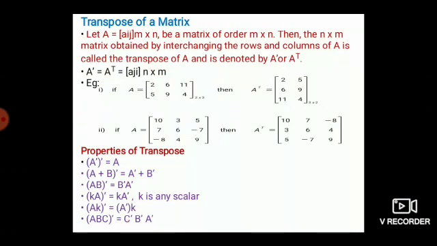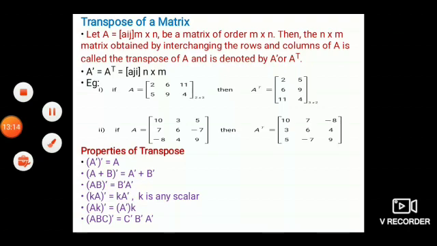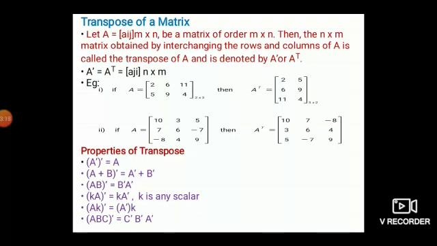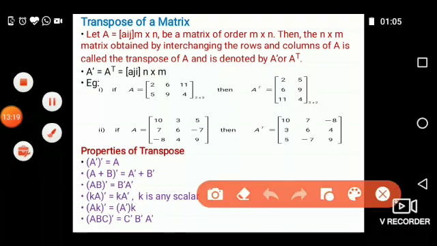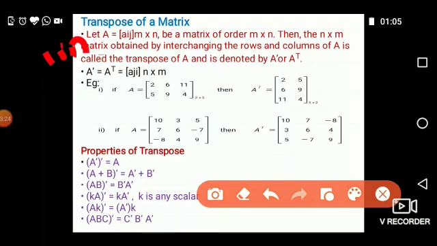Students, we will go to the next part, called the transpose of a matrix. This is an important question for the one-mark question in the exam. Let A be a matrix of order m cross n.